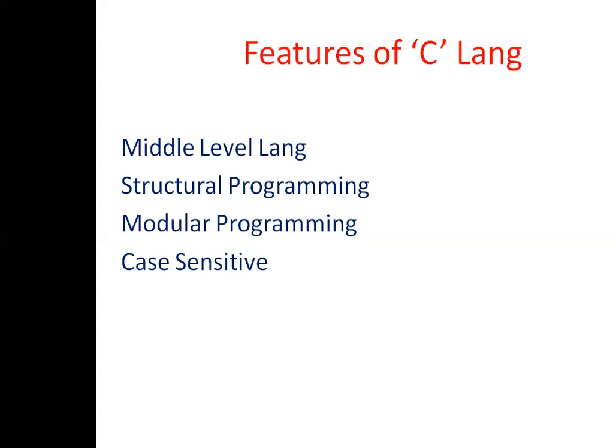Only at 0.1%, there is a chapter that comes at the last, called file handling. In that chapter, there is a small use of one capital letter in a concept, but excluding that, everything is written in small letters only. So we assume that 99% of C program code is in small letters only.